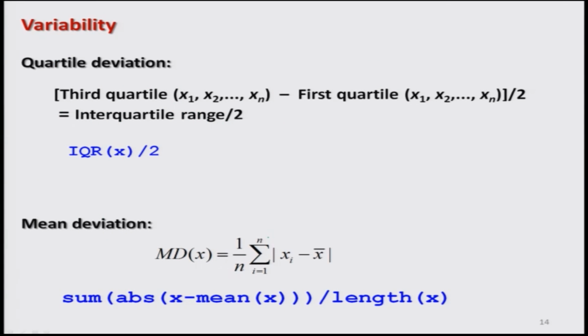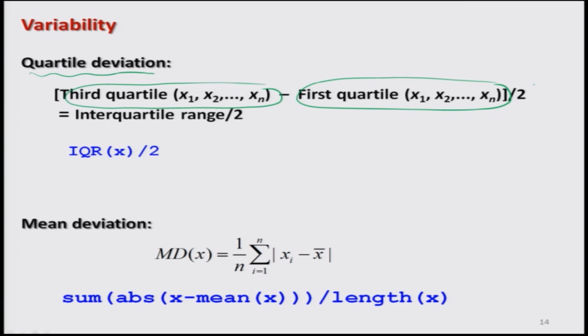The next measure is quartile deviation. This quartile deviation is another variant of the interquartile range in the sense that it is defined as the third quartile of the data minus the first quartile of the data, divided by 2. So this is essentially half of the interquartile range.